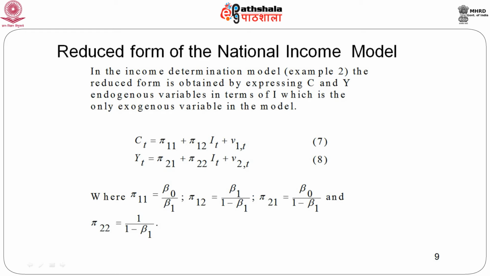Now, from the structural equation model, you can eliminate the explanatory variable of the equation and express the equation only as a function of predetermined or exogenous variables. For example, in the present case, you can write consumption as a function of investment only, which is exogenous to the system. Similarly, income as a function of only exogenous variables. Such a representation of the system is known as the reduced form of the model.